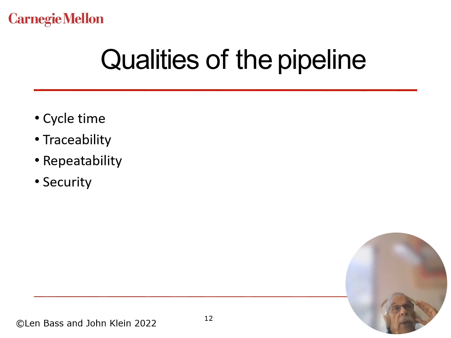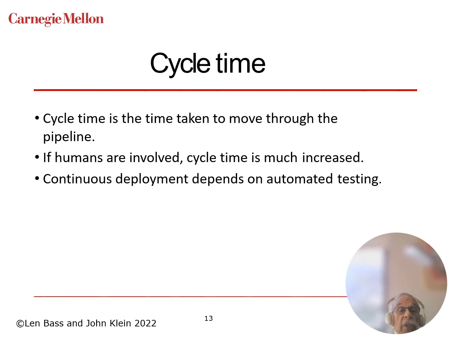So what kind of pipeline has qualities? Every complicated piece of software has a collection of qualities that you use to evaluate it. In a pipeline, it's a collection of tools. The four qualities we'll talk about are cycle time, traceability, repeatability, and security. So what's meant by cycle time?